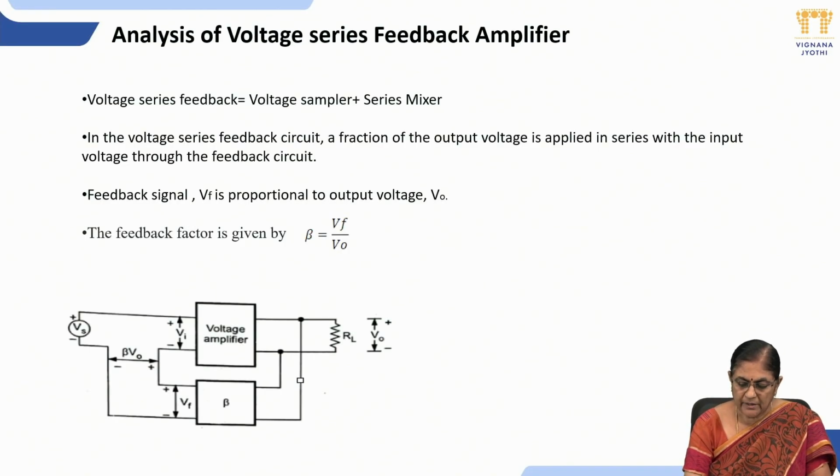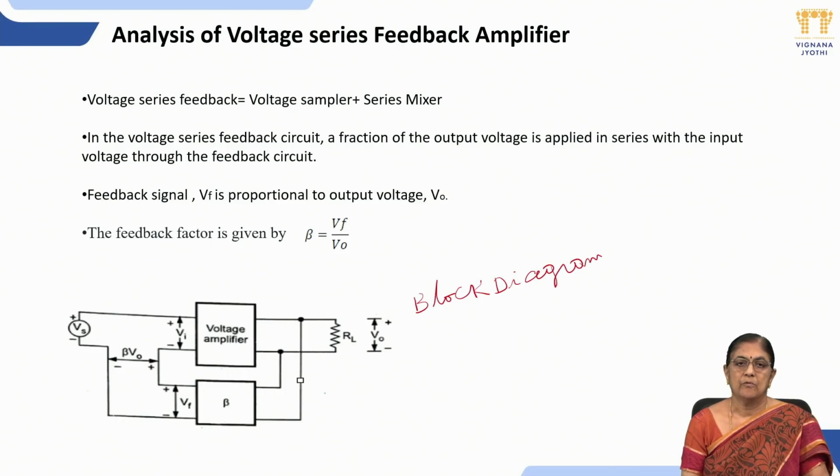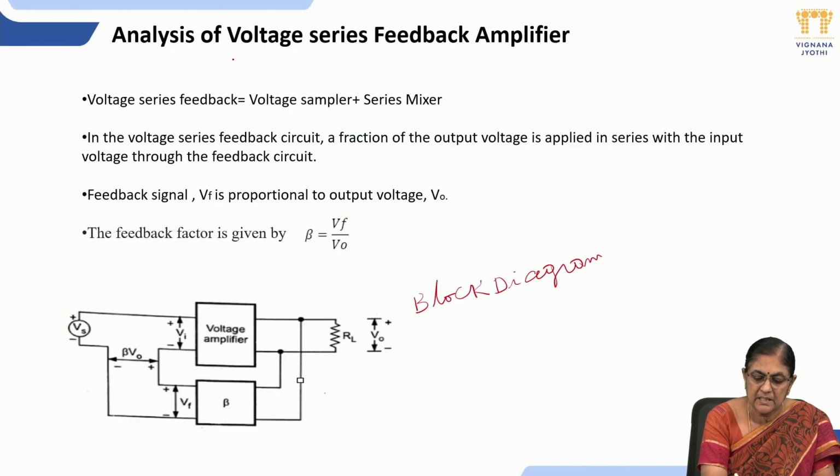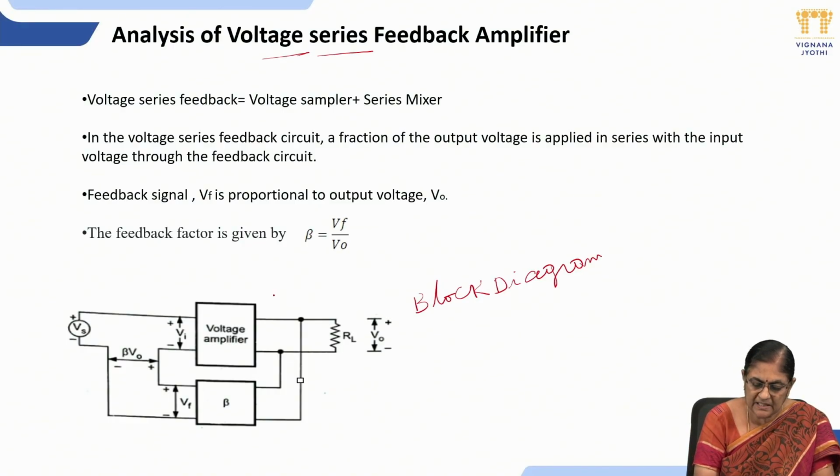So this is the block diagram of voltage series feedback amplifier. By seeing the name of the feedback amplifier, we can easily understand which type of sampler is used in this amplifier, which type of mixer is used in this amplifier. First term represents a sampler. Second term represents mixer. That means in voltage series feedback, voltage sampler is used at the output terminals of the basic amplifier.